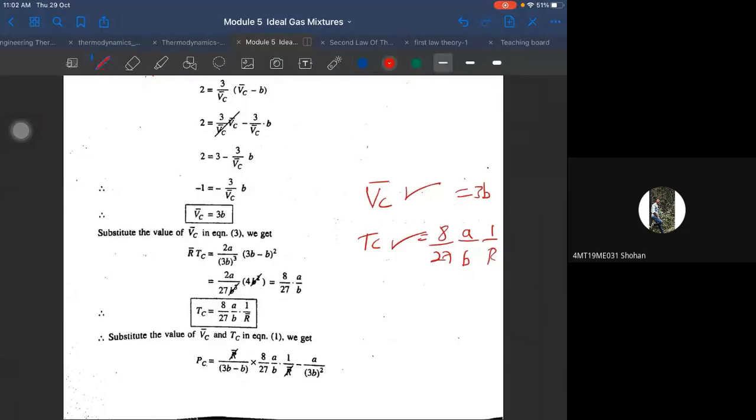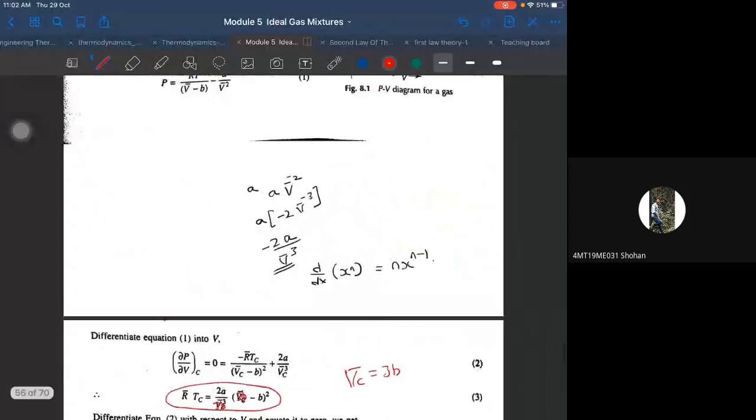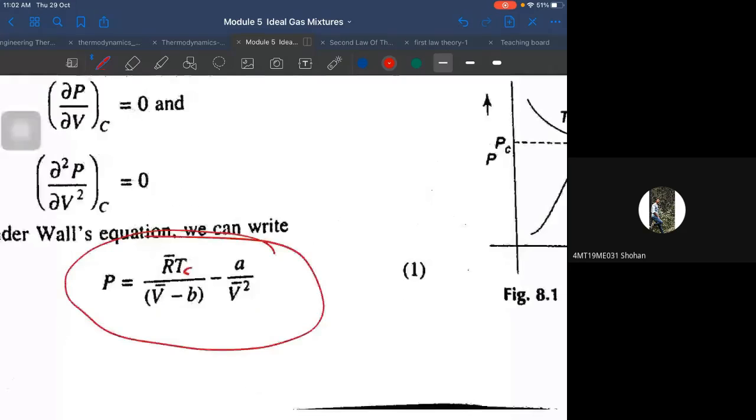Now, you have to take this V bar C and TC value which is calculated and substitute in equation number 1. Where is equation number 1? So here is your equation number 1. Why are you doing all this? When you substitute the value of TC and the value of V bar C, you'll get the value of PC.